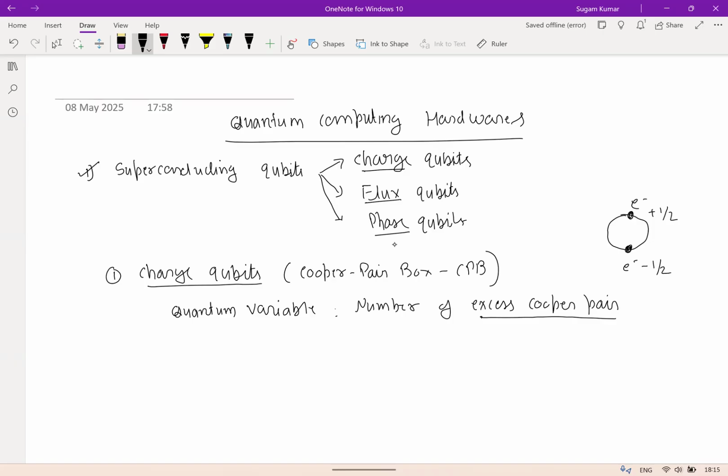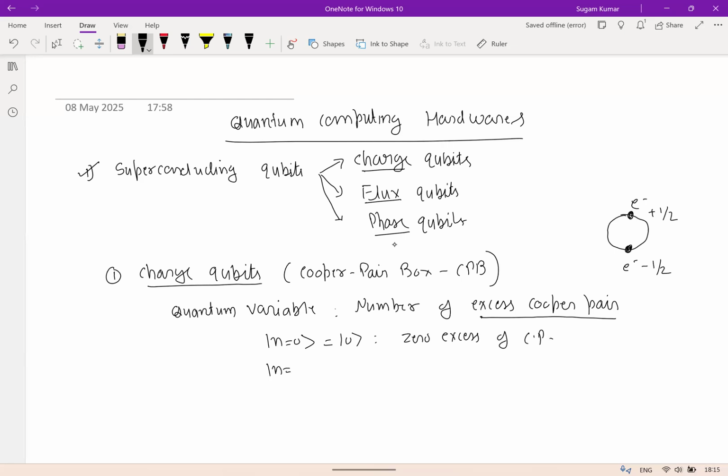So we're going to call the bit n equal to 0, or the 0 bit, meaning 0 excess Cooper pairs.